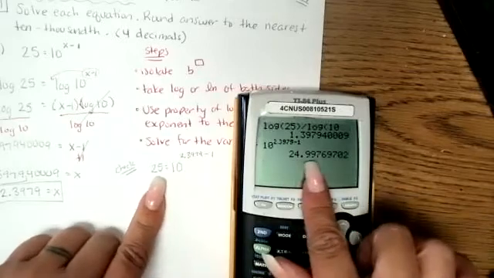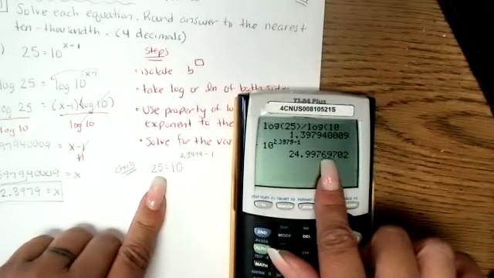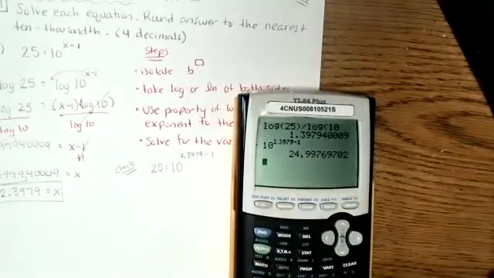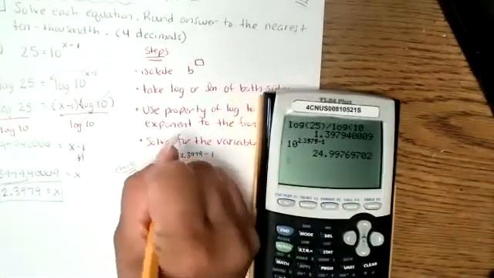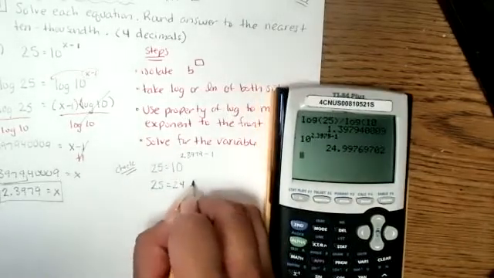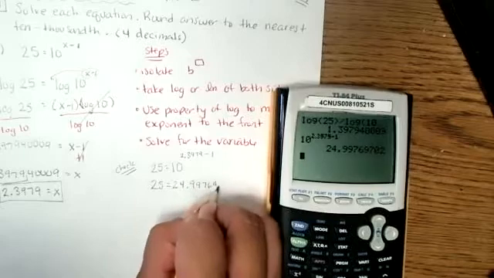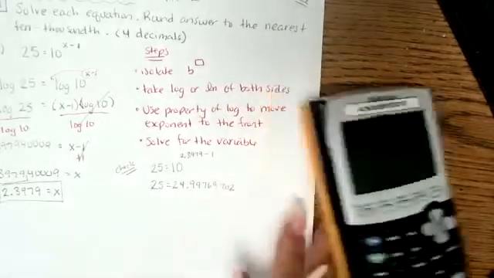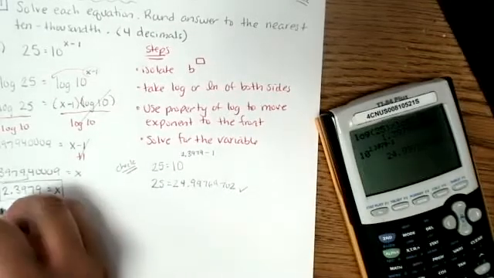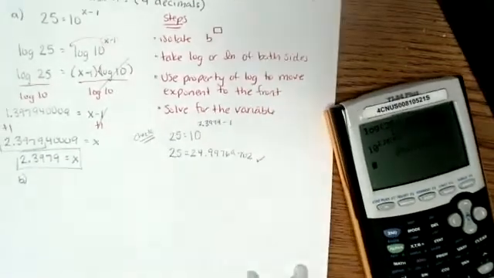And that equals 24.99769, which is basically going to be 25. It is 24.997699702, which is really, really close to 25.